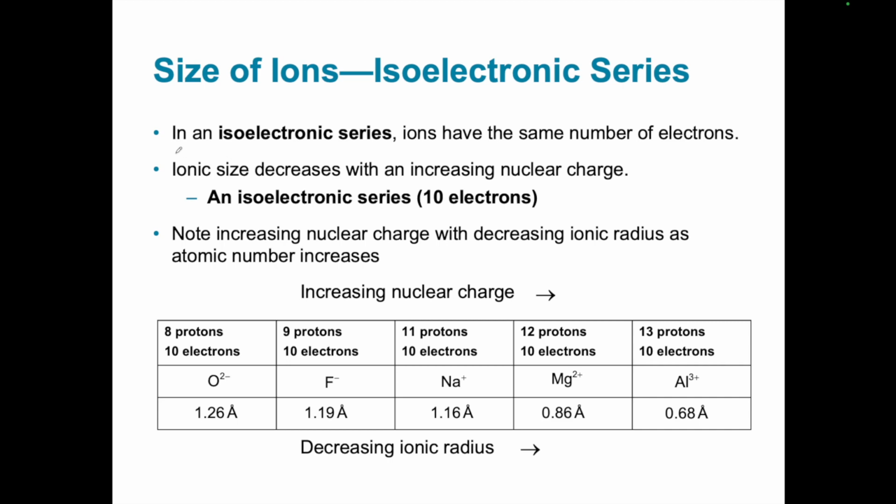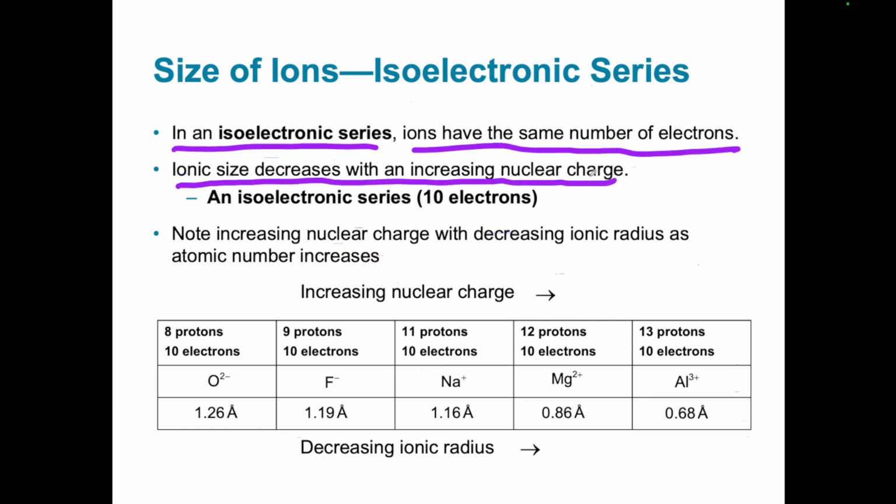So what is an isoelectronic series? In an isoelectronic series, ions have the same number of electrons, and the ionic size decreases with increasing nuclear charge. Say you have an isoelectronic series of 10 electrons.